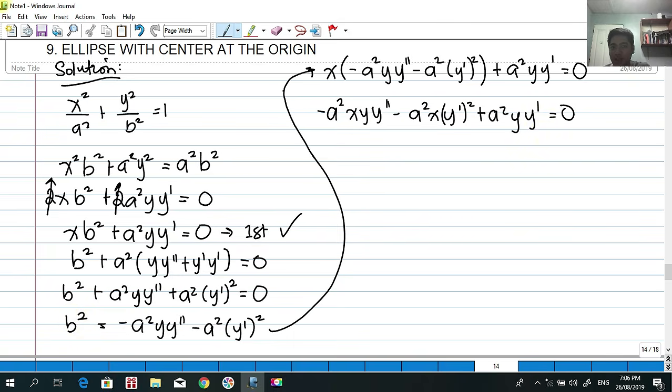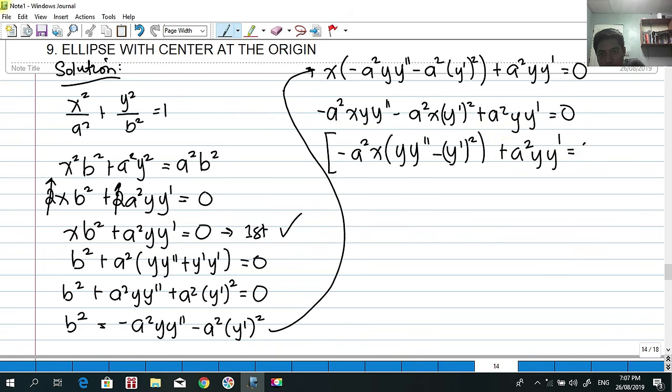And to eliminate a, we have to do some algebra here. In this case, we can factor out the negative a squared x from both of these terms, so that we have y y double prime minus y prime squared, plus a squared y y prime is equal to 0, of course.